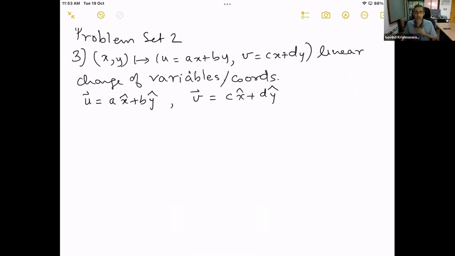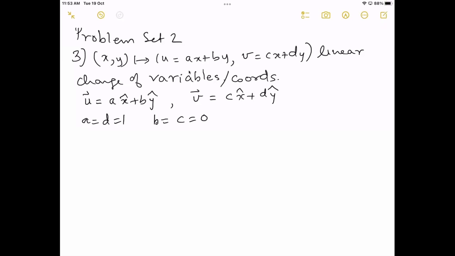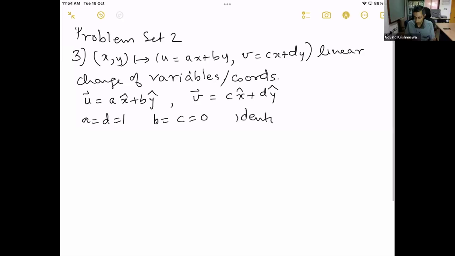You could choose specific values for a, b, c, d. The simplest one is a equal to d equal to 1, and b equal to c equal to 0. Now, what is that transformation? Can you identify it? Identity. Yeah, so this is the identity. It just says that u is equal to x and v equal to y, does nothing.